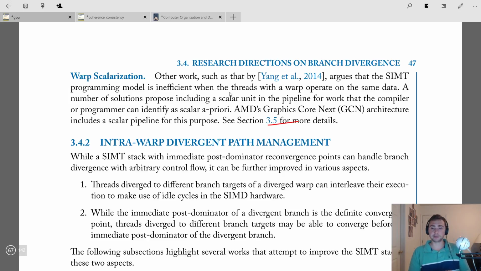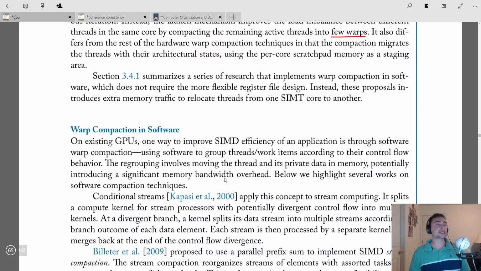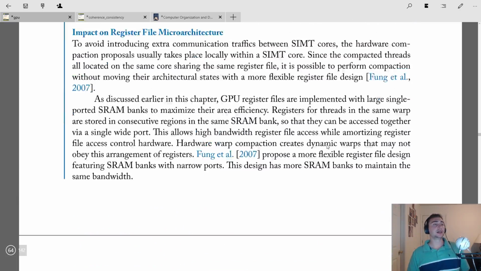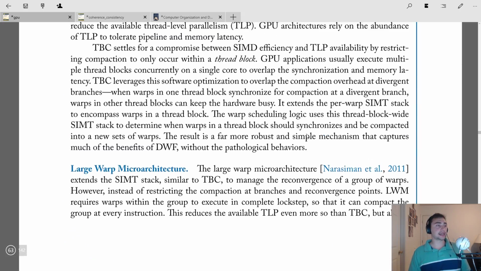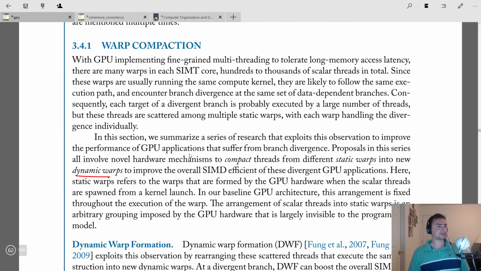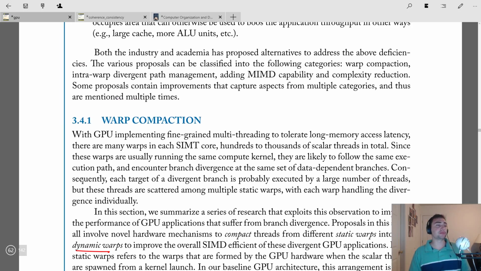It should just be computed by a scalar unit, right? So just a single thread, right? And that's this idea of a scalar pipeline, right? So, long-winded explanation later, that's kind of the current state of the art and the scope of research as it relates to this idea of warp compaction.